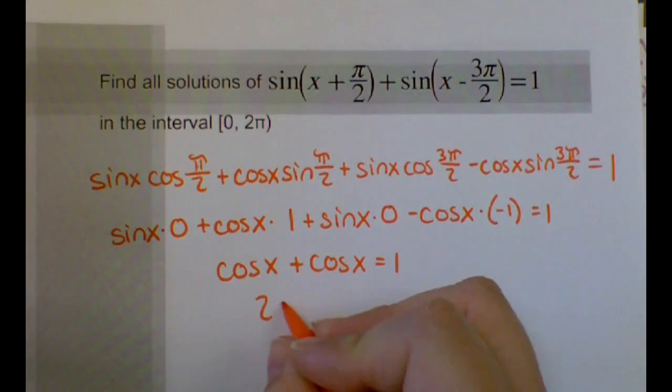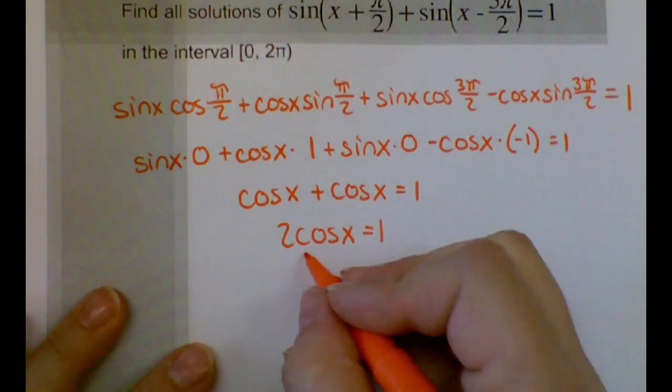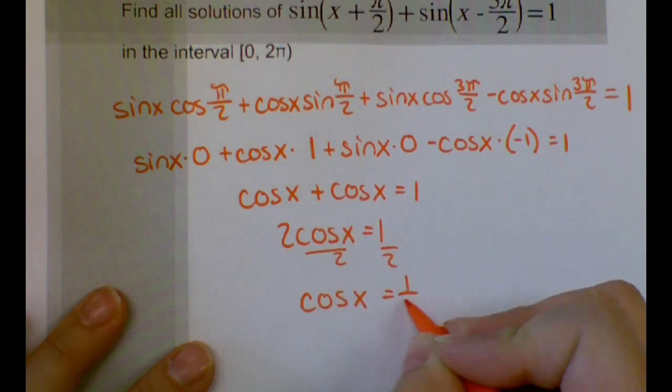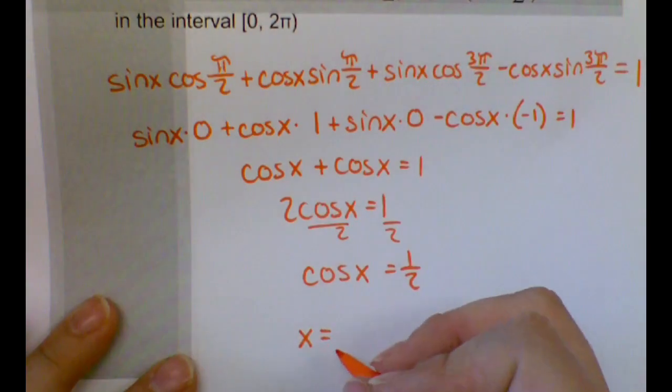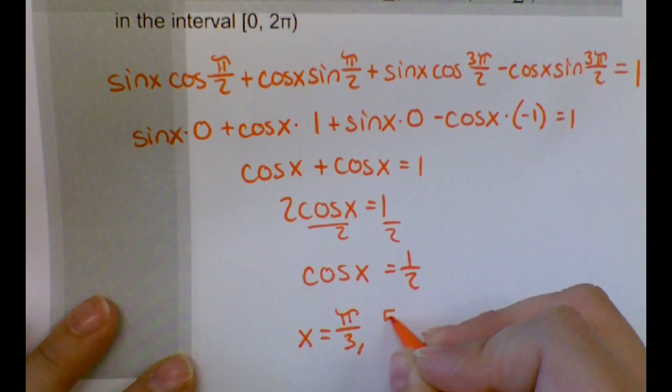Combine my like terms. I have 2 cosine of x equals 1. And now we can solve. Divide by 2. Cosine of x equals 1/2 on the interval of 0 to 2 pi. Cosine is 1/2 at pi over 3 and 5 pi over 3.